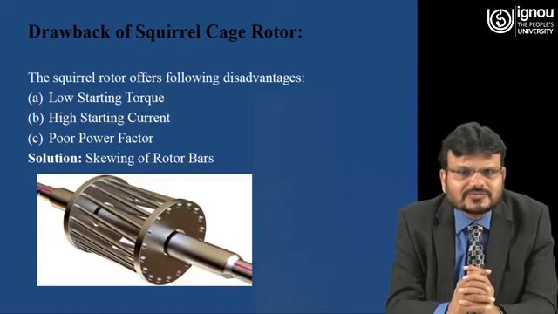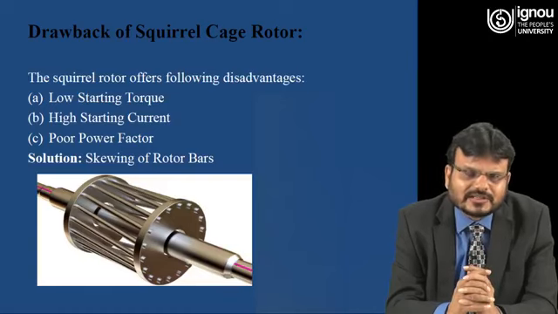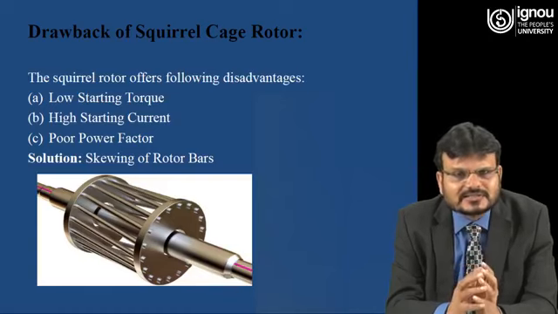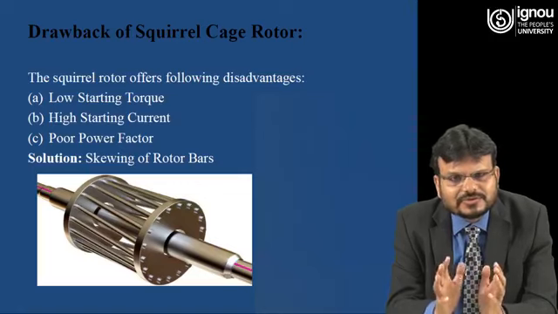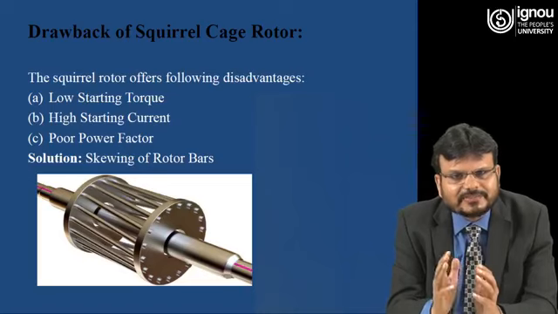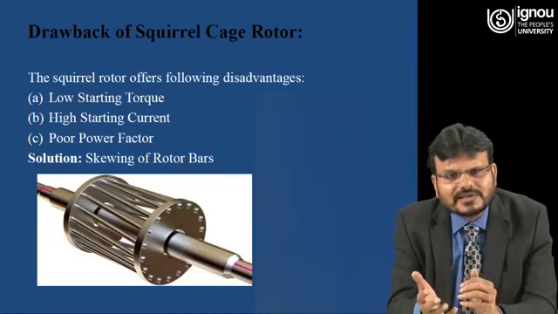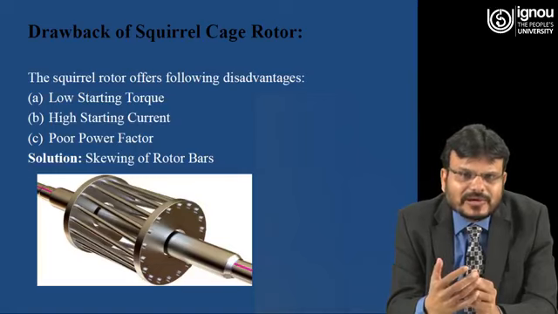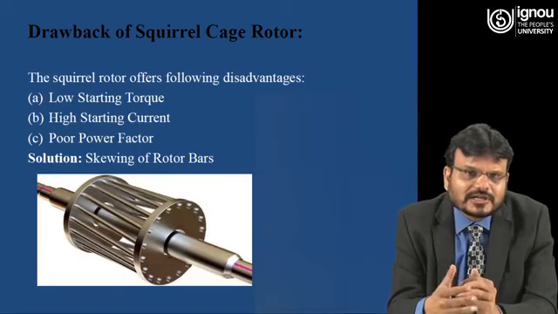The third disadvantage is poor power factor. If the power factor is less, what will happen? Because as you know, the power is equal to VI cos phi, that means voltage multiplied by current multiplied by the power factor. If the power factor is less, the power that you are giving to the stator will be less.